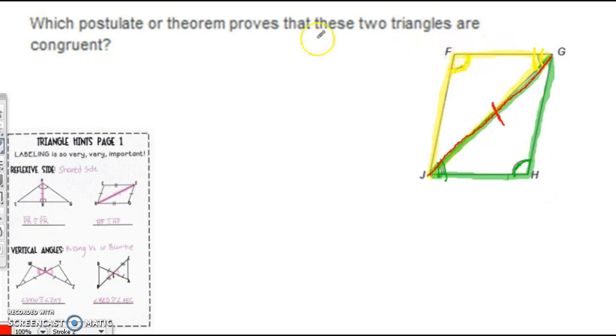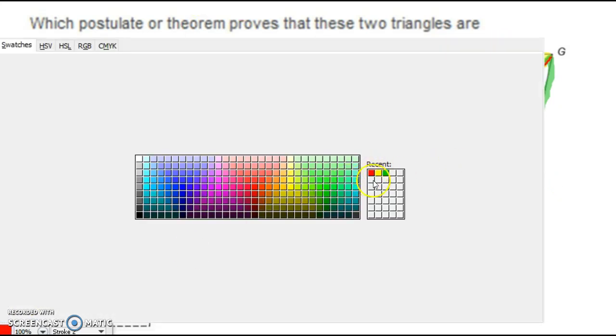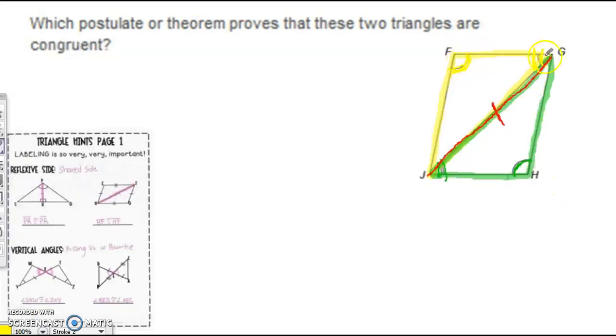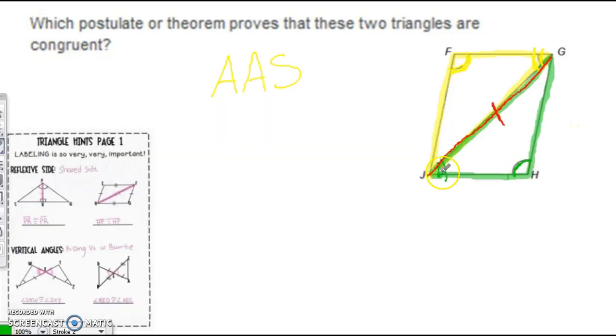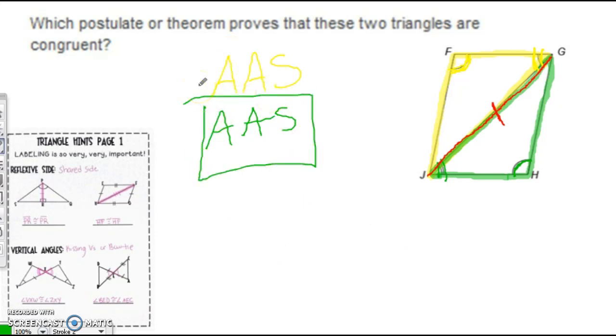So if we look at our yellow triangle, we have an angle and a side. And in our green triangle, we have an angle and a side. And so we can prove that these are congruent using the angle, angle, side congruence postulate.